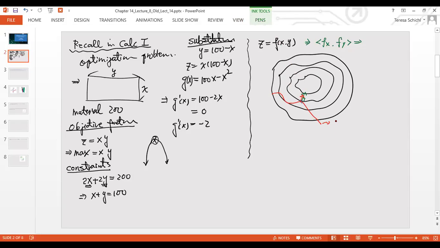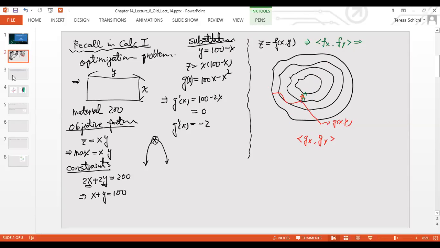So the gradient vector for the constraint will be in the same direction as the gradient vector for the level curve of the original function, differing by a constant. That's the whole idea behind the Lagrange multiplier.